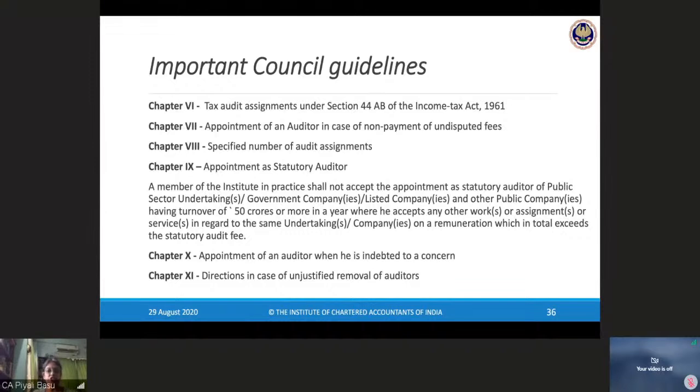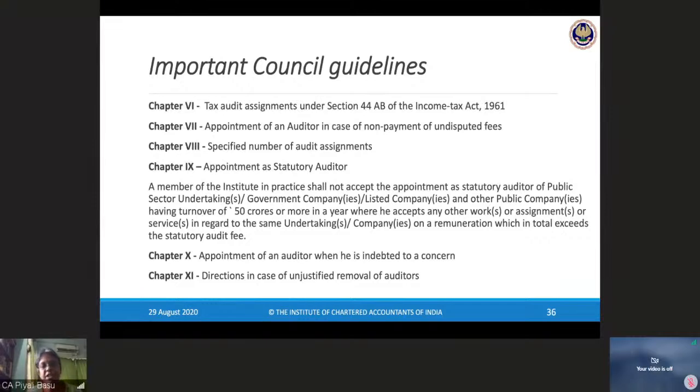A member of the Institute in practice shall not accept appointment as auditor of a PSU, government company, listed company or other public company having turnover of 50 crores or more in a year, where he accepts any other work, assignment or services in regard to the same undertaking on a remuneration which in total exceeds the statutory fee.